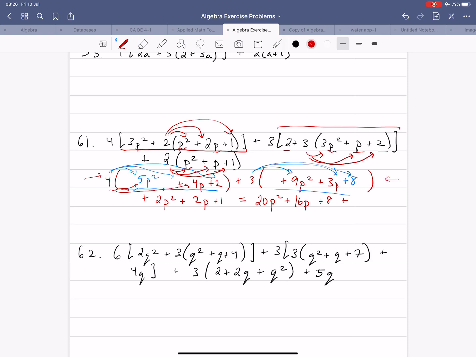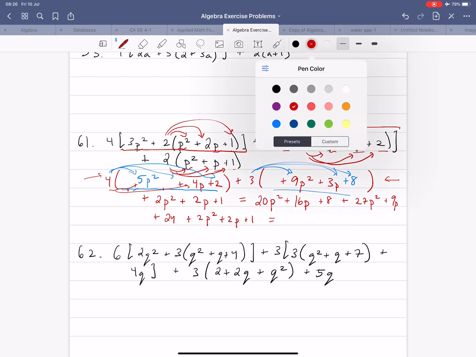Now we're going to look at the one over here. So that's going to be plus 27p squared, 9 times 3, plus 9p plus 24, because that's 3 times 8. And then I've still got my other terms here, 2p squared plus 2p plus 1. Okay.